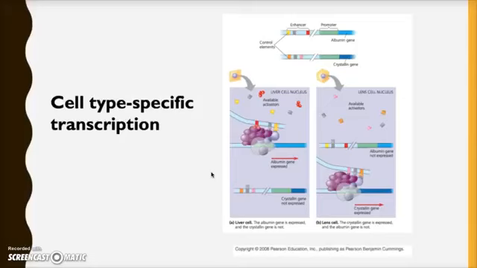That is because only the activators for the albumin gene are available in the liver cell, and only the activators for the crystallin gene are available in the lens cell. So the presence of specific activators plays an important role in determining the function of the cells.